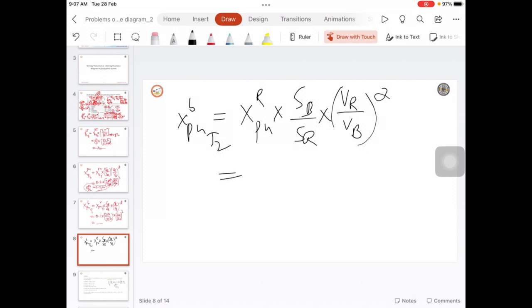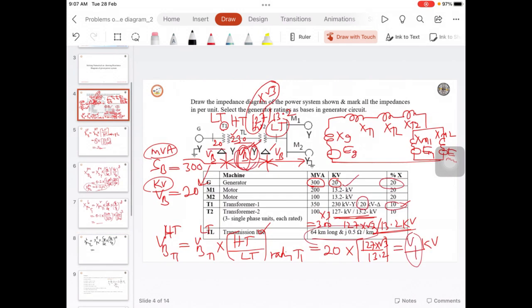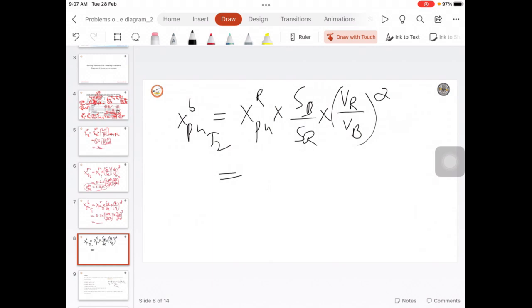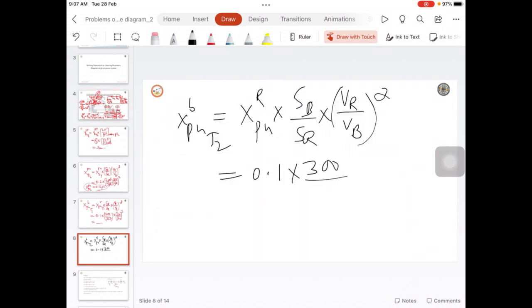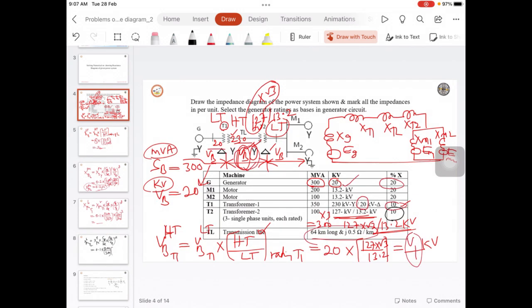So X per unit on the rated value for the transformer is 10%, it is given. So 0.1, SB is already known, 300, and SR value here is 300, since we have converted into 3 phase, that is 300, into VR. Let us consider the transmission line side only.